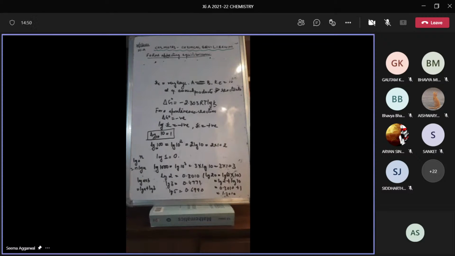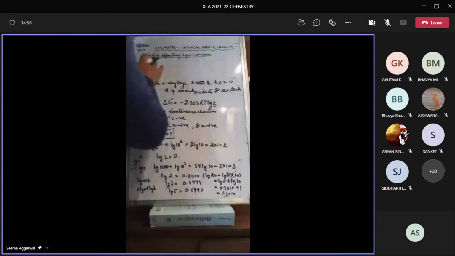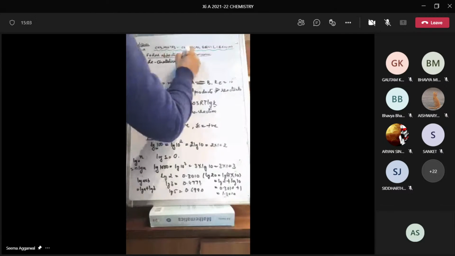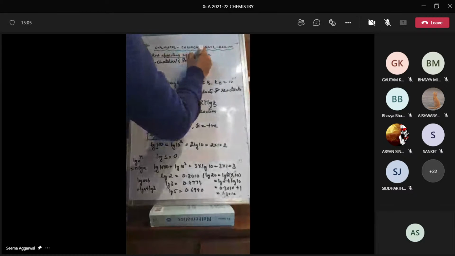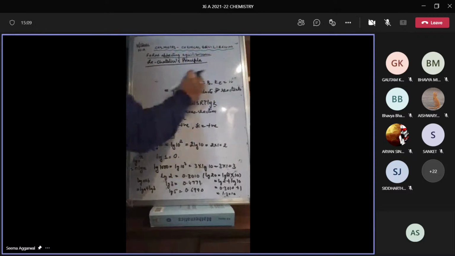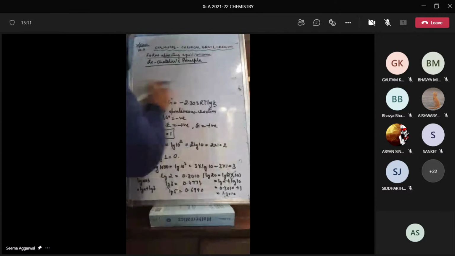Now, our next topic is factors affecting equilibrium. And this is governed by a very important principle, which we call Le Chatelier's principle.